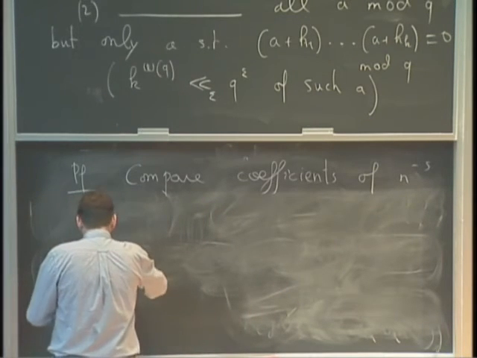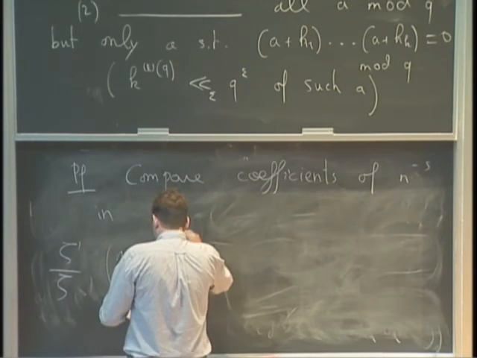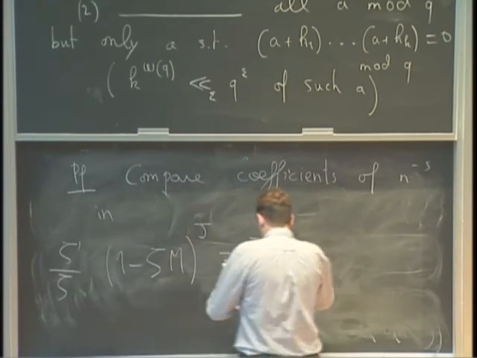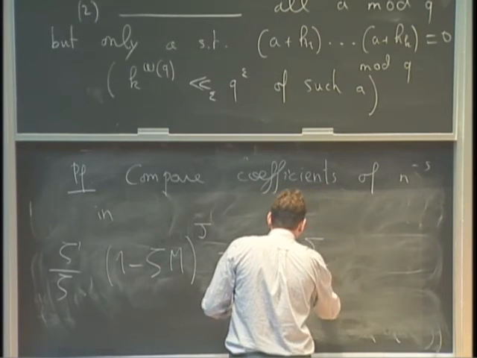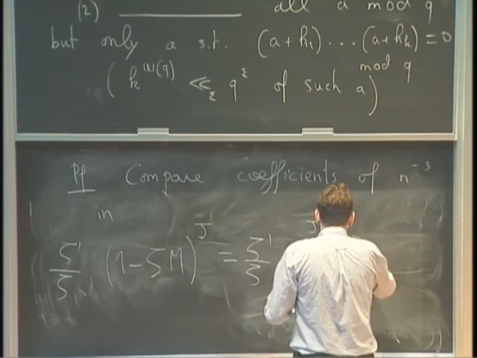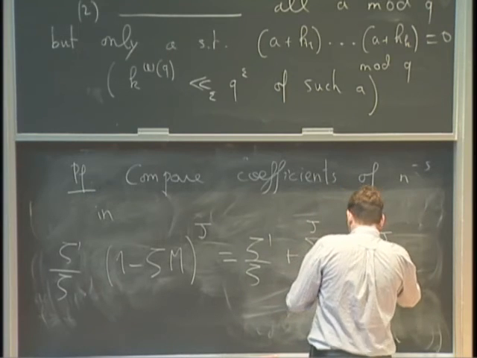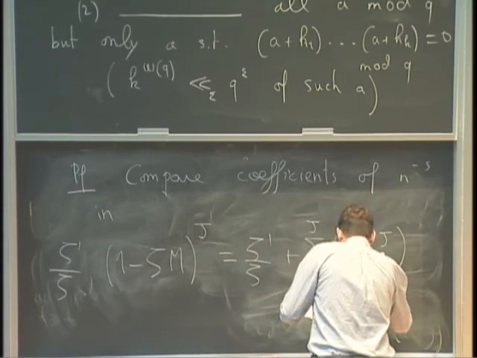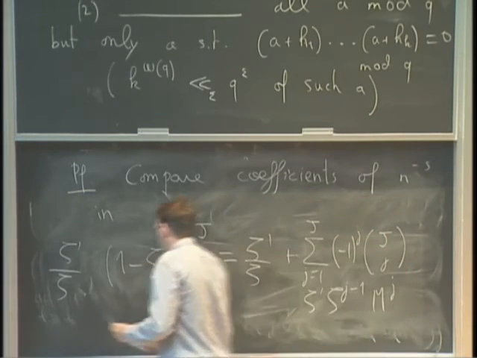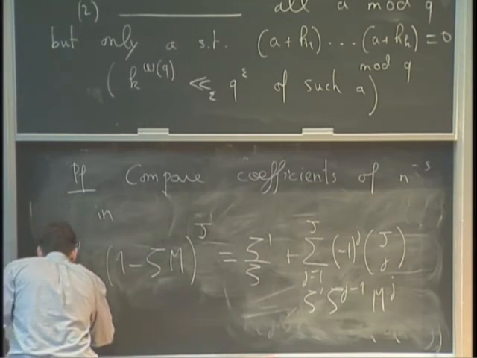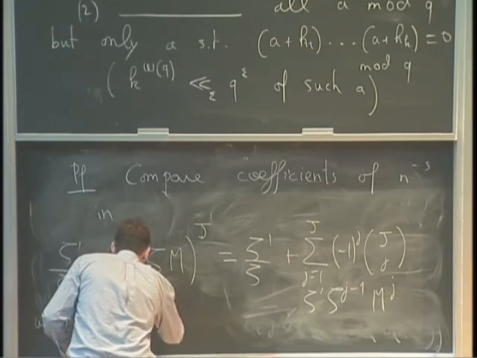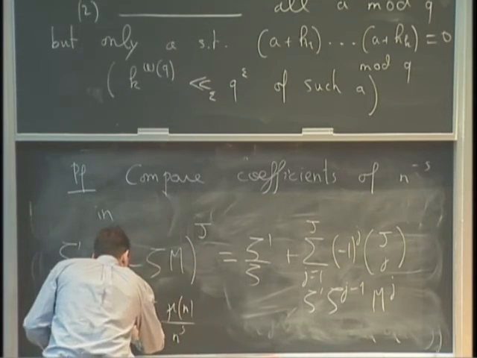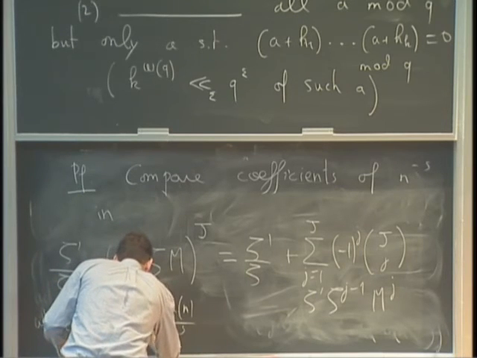So zeta prime over zeta, 1 minus zeta times m to the power capital J is zeta prime over zeta plus the sum from 1 to capital J minus 1 of j, binomial coefficient, zeta prime over zeta to the j minus 1, m to the j, where m of s is the truncated Möbius Dirichlet series, where n is at most x to the 1 over j.